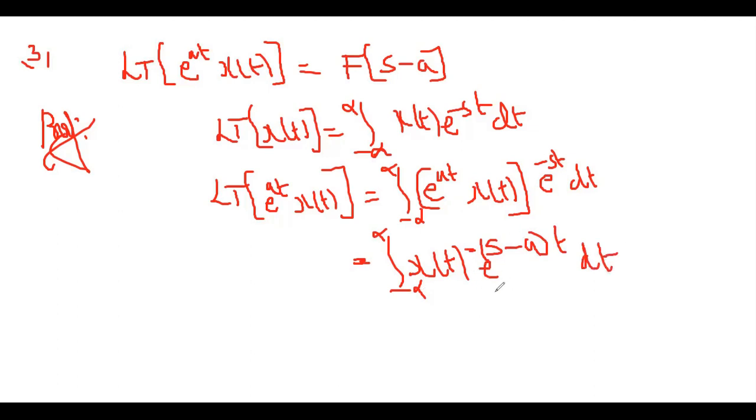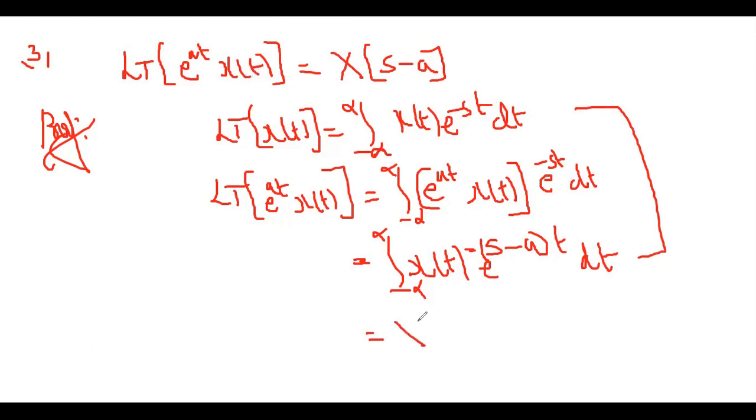So now observe here, it is also similar to the Laplace transformation definition only. Compare these two. It is equal to X of s, but here instead of s, it is s minus a. So I wrote X here, not F, because I take the signal as x of t.